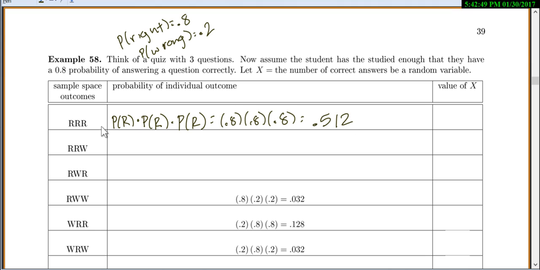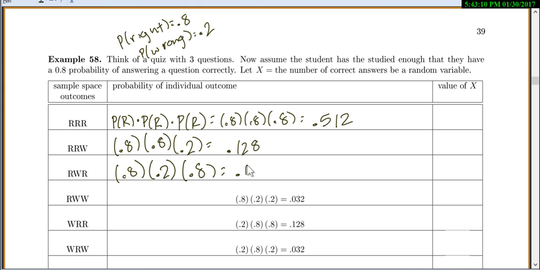Or if you want a right, right, wrong, the right is 0.8, the right is 0.8, and the wrong is 0.2. So this is 0.128. And for right, wrong, right, we'd have 0.8, 0.2, and 0.8, which once again is 0.128.